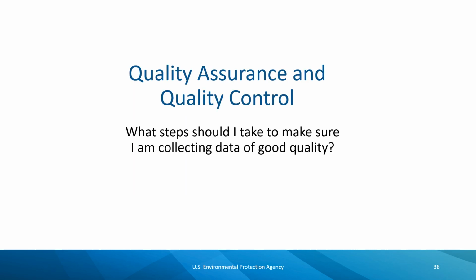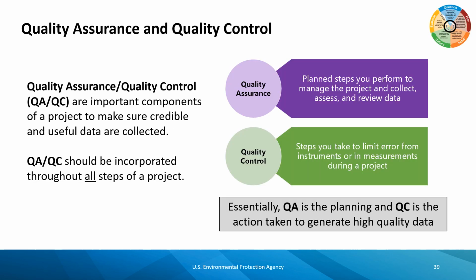Now that we've walked through the overall process of planning and conducting an air monitoring study, let's spend a little more time talking about quality assurance and quality control, since these steps are vital for collecting good quality data. Quality assurance and quality control, referred to as QA/QC, ensures that credible and useful data are collected. QA/QC should be incorporated into each step of your project.